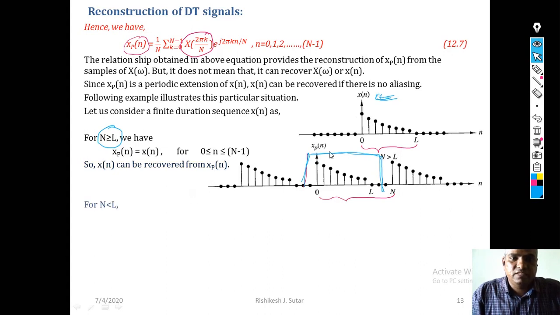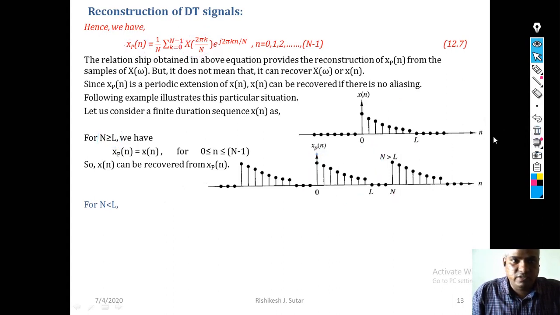So in this case x of n can be recovered from xp of n. Let us go towards the next case, that is N less than L. Let us clear all the annotations, and for N less than L we will have xp of n one more time.